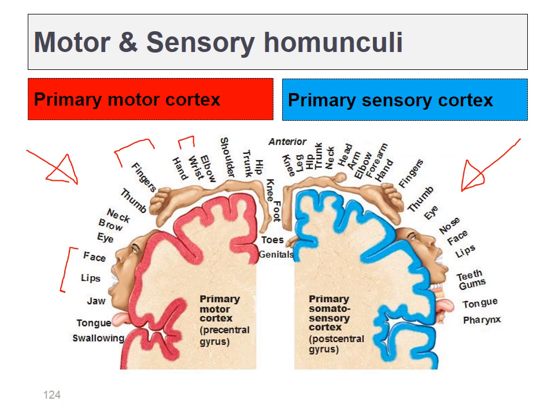One major difference between these 2 maps are the teeth. There we go, over here. Those are highly sensitive, but I can't move them. Same with the genitalia, highly sensitive, therefore they take up a lot of space on the primary sensory cortex, but we don't move them, so they don't have any space in the primary motor cortex.